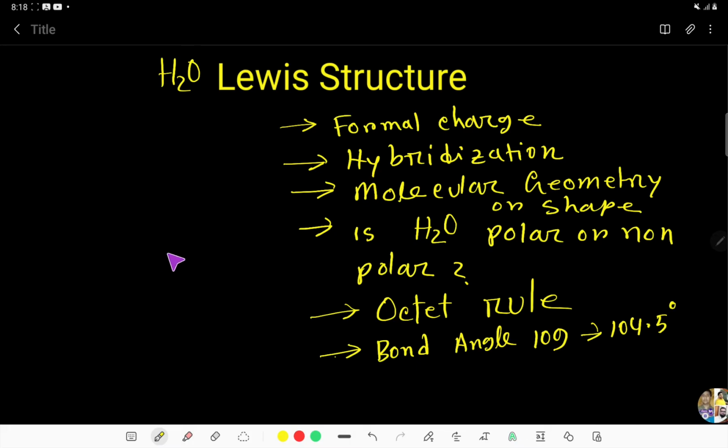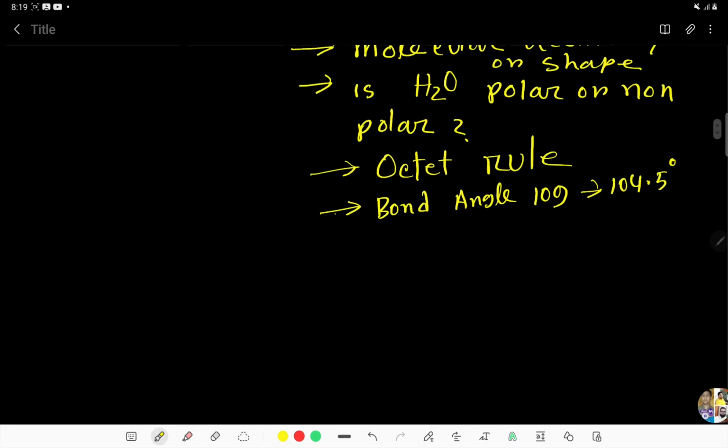I think you will be confident. So let us draw the Lewis structure of H2O, because this will help us to explain all the things. To draw the Lewis structure of H2O, you have to find out the valence electrons of H2O. You know that hydrogen is an element of group 1A, that is why it has one valence electron, but here we have two hydrogens, so we have to multiply by 2.